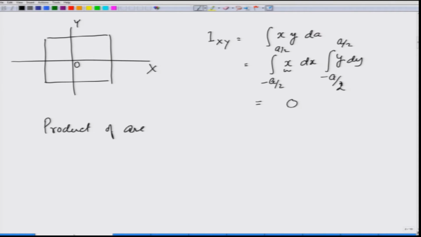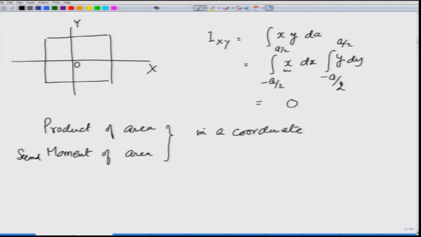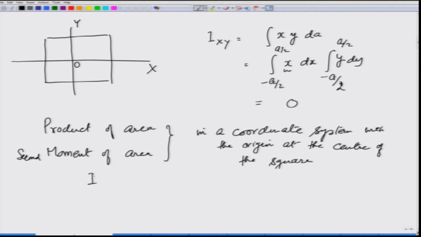So for a square, if I calculate the product of area and the second moment of area in a coordinate system with the origin at the center of the square, we get Ixx equals Iyy equals a raised to 4 over 12 and Ixy to be 0.